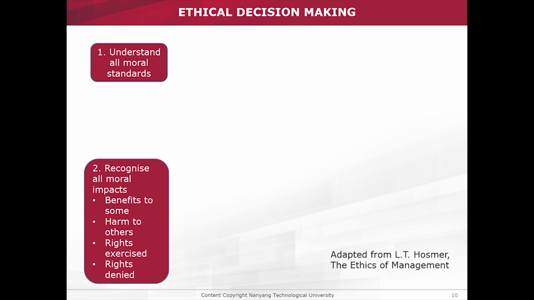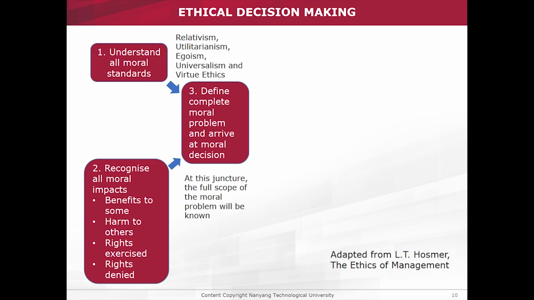For the issues under consideration, identify the benefits and harm that may befall others. Make an assessment: what are the individual rights that may be exercised or denied by the affected person. Step 3. Combining Step 1 and Step 2, define the complete moral problem and arrive at a moral decision.